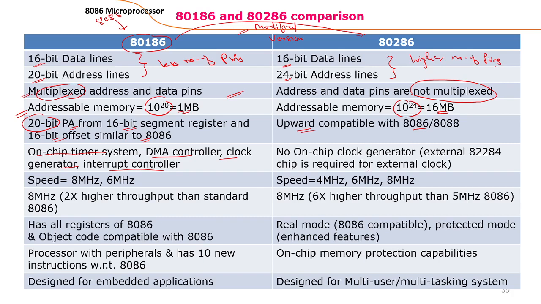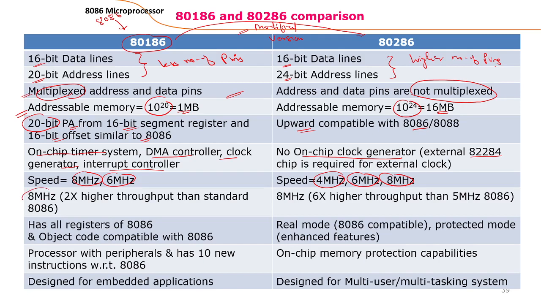But on 80286, no on-chip clock generator is there. To have a clock generator, an external 82284 chip is required as the external clock in 80286. The 8086 has an operating frequency of 8 MHz or 6 MHz, but in case of 80286, it has 4 MHz, 6 MHz, and 8 MHz.